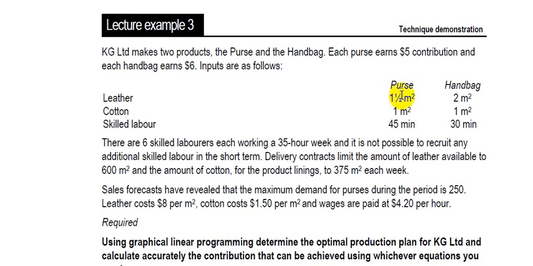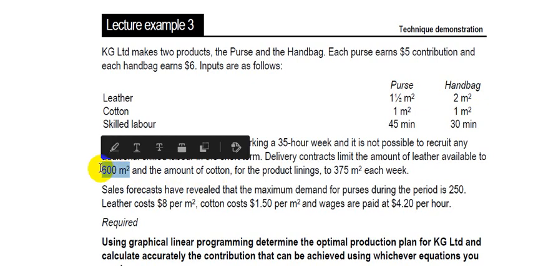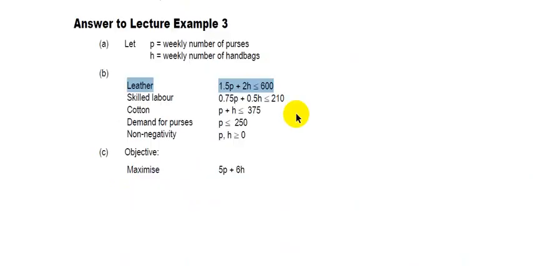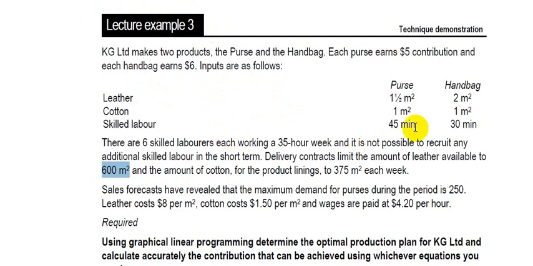So you say 1.5P plus 2H is less than or equal to 600 square meters. Which is that one there. Then the labor is given in minutes here.